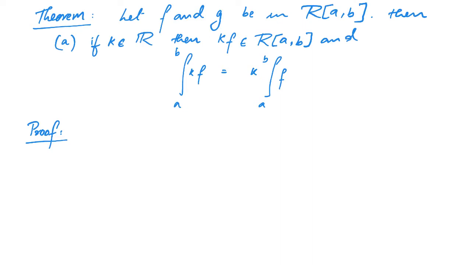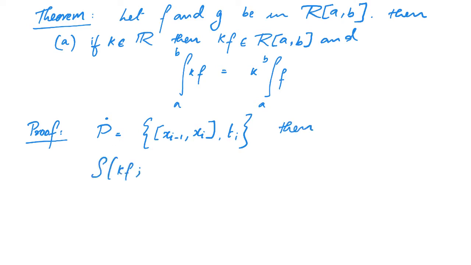So notice that if P dot, with intervals [x_{i-1}, x_i] and tags t_i, is a tagged partition, then S(kf; P dot) is equal to k times S(f; P dot). Why is this the case? What is S(kf; P dot)?